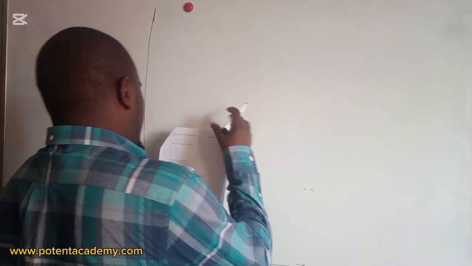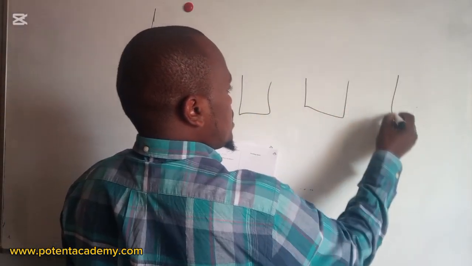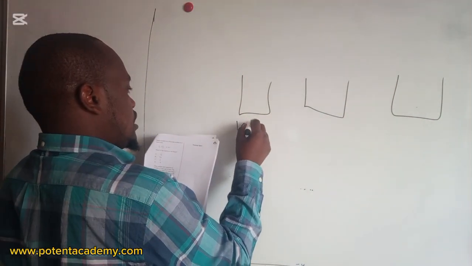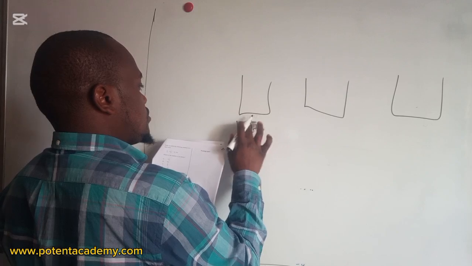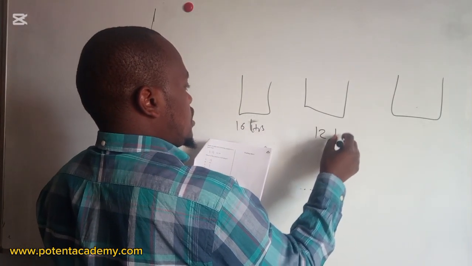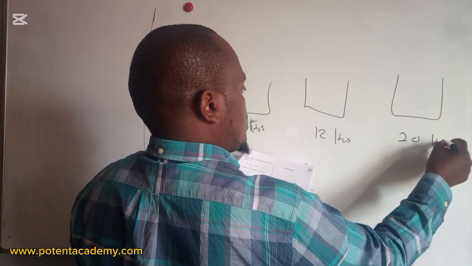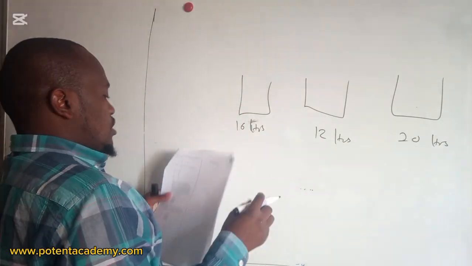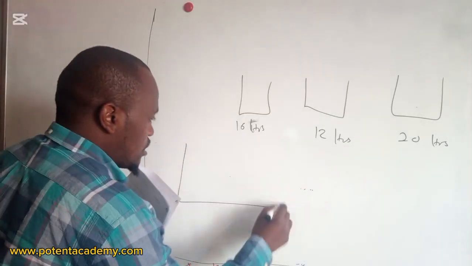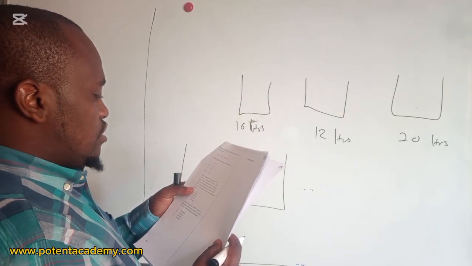So you have this one is 16 liters, this one is 12 liters, and this is 20 liters. Now we are saying what is the capacity of the largest container, a large container that was used to fill each of these buckets.